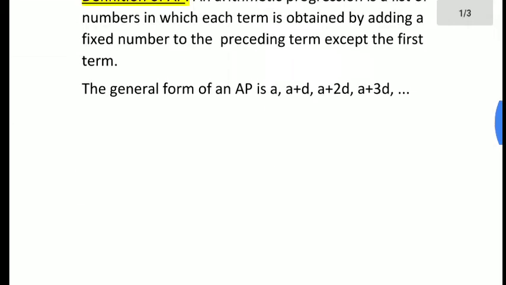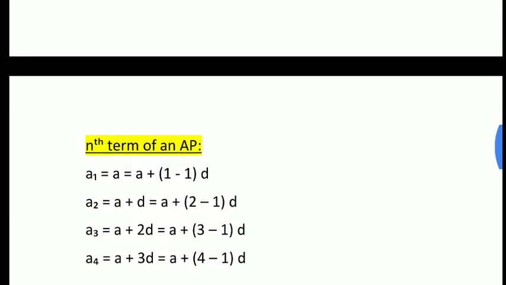The second term a2 is a plus d, the third term a3 is a plus 2d, and the fourth term a4 is a plus 3d.